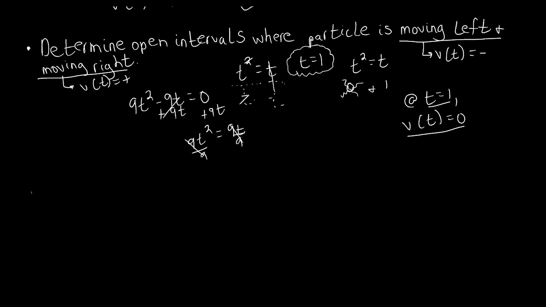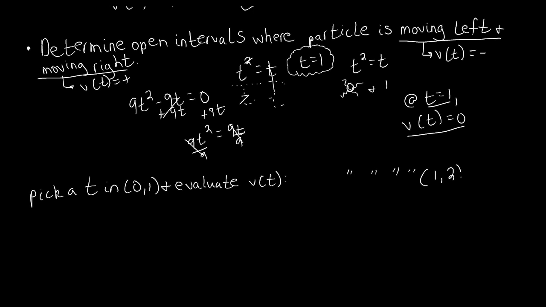So we're going to pick a t in the interval 0 to 1 and evaluate v of t. And we're going to do the same thing, picking a t in the interval 1 to 2 this time, and evaluate v of t.